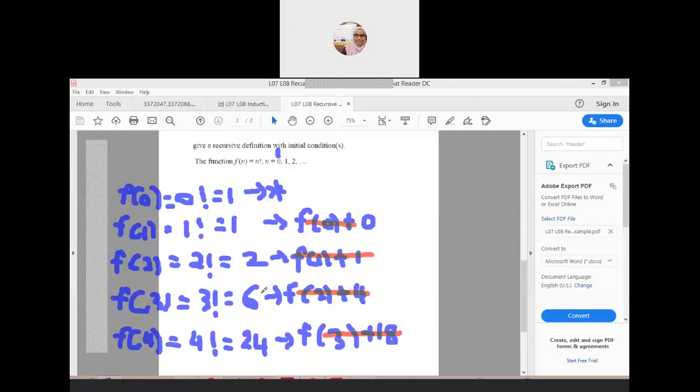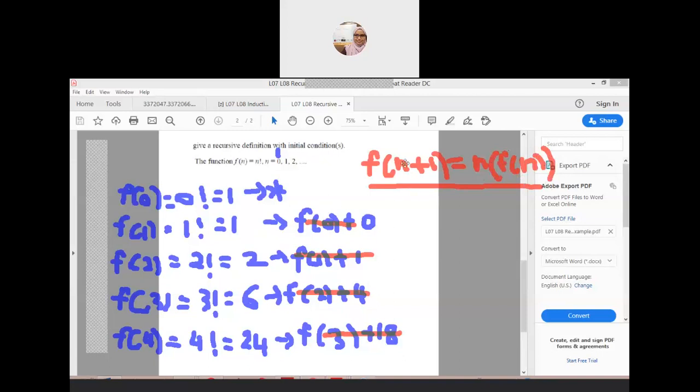Oh, so the idea now is we know that F n plus 1 is equal to n times F n. Okay, so this is the recursive step.